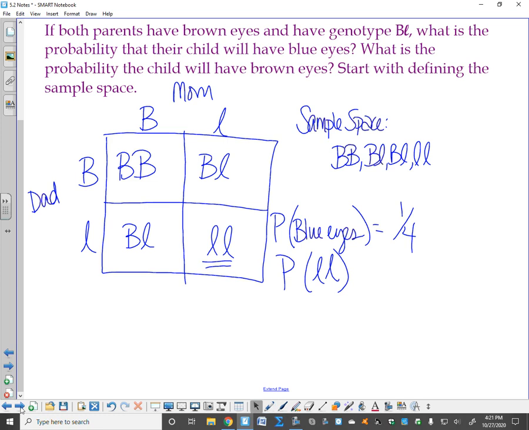Then it wants to know the probability that this kid could have brown eyes. And that's 3/4. Because all 3 of those outcomes, 3 out of the 4 outcomes, will result in brown eyes. Ta-da.